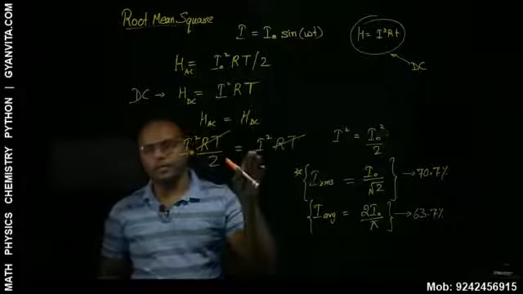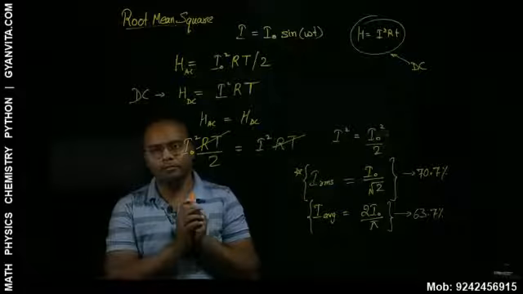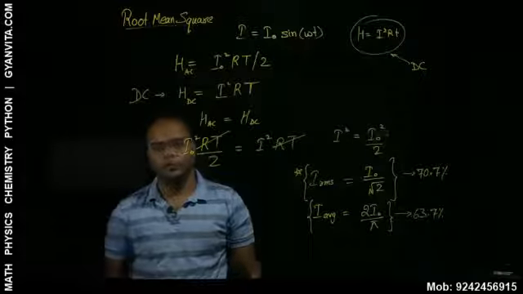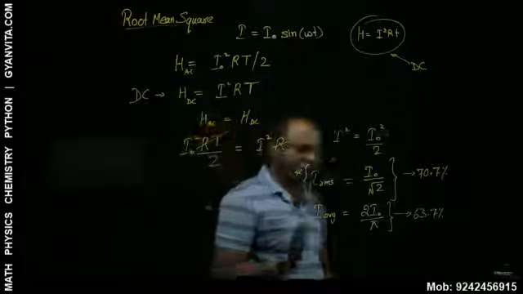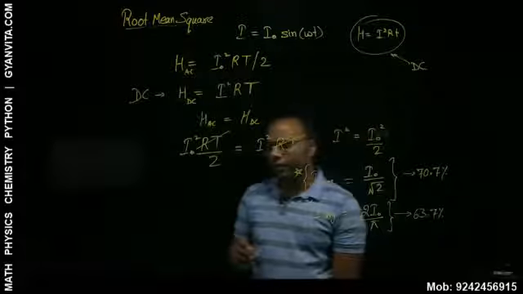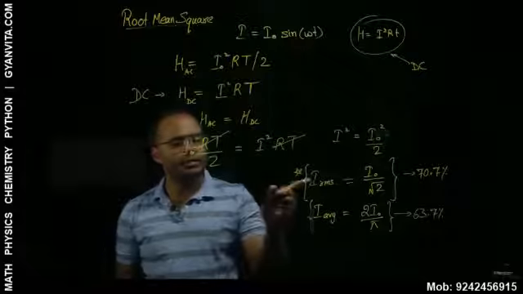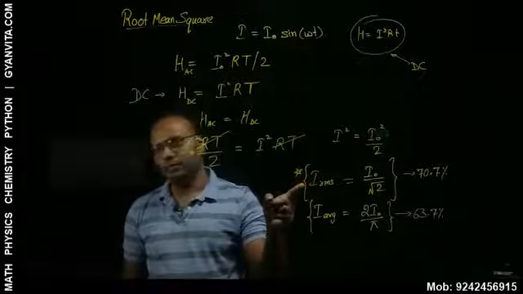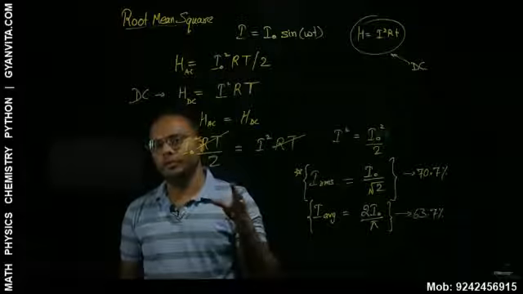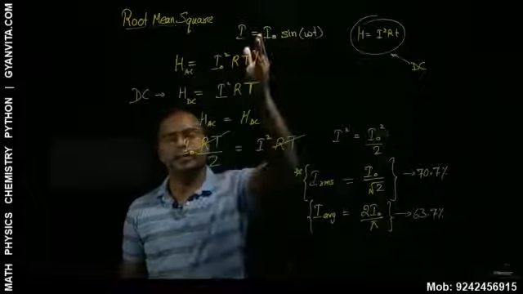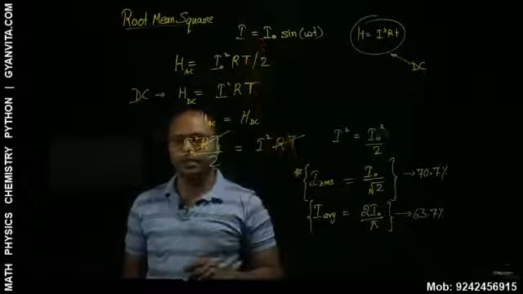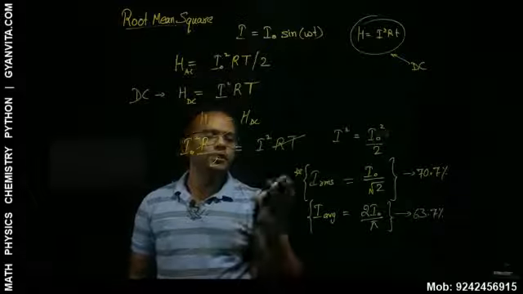And this is the effective value, or the main value which we have to use. The AC devices which you see in your home appliances actually mention this current. The current mentioned there is not the peak current and not the average current, it is actually this RMS value of current.